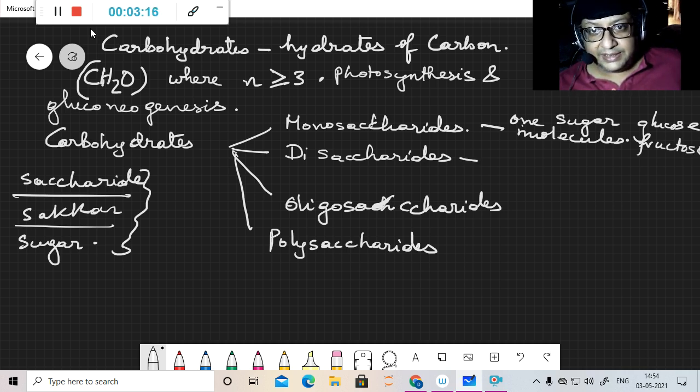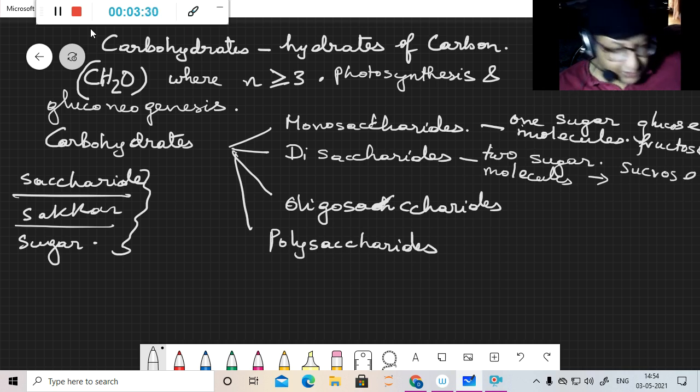And the disaccharides are the famous ones, where you have two sugar units, two sugar molecules attached together. Example: sucrose is the most famous one. You have lactose, maltose.